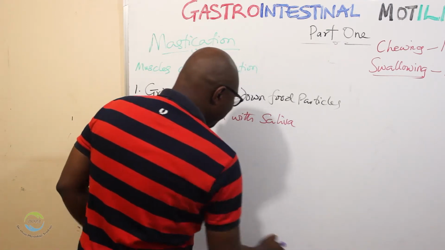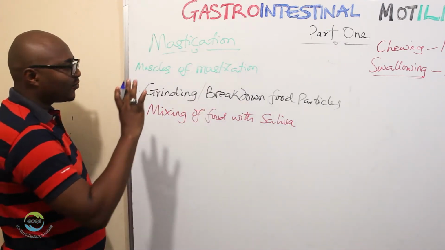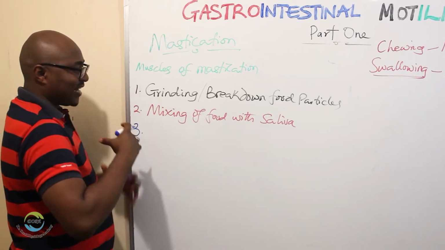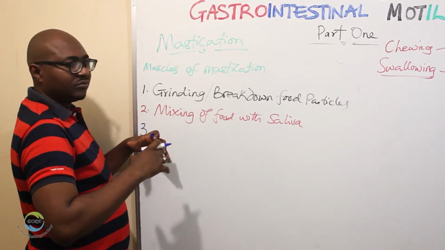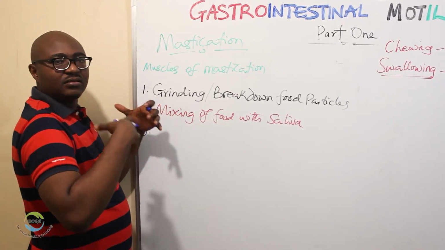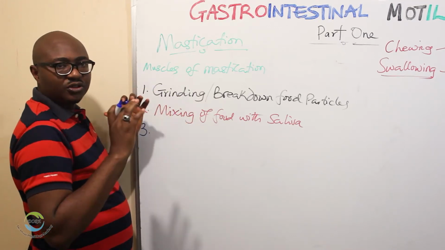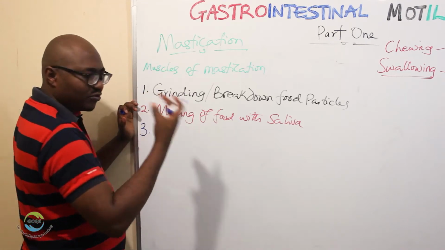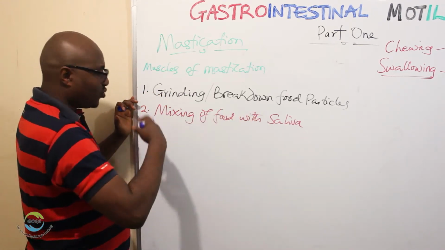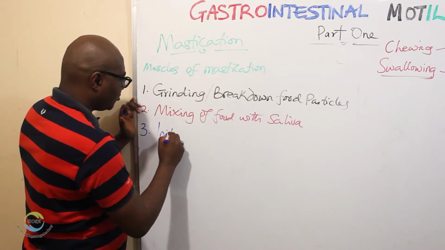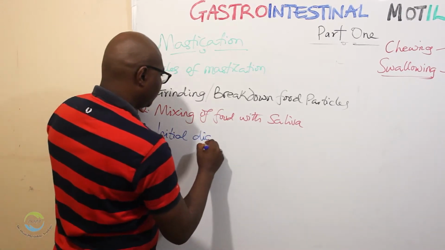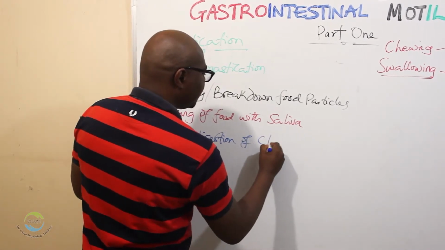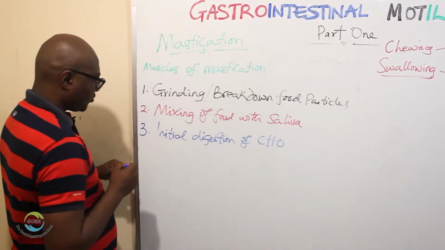Then another important function of mastication as you are chewing your food: that saliva in itself has a digestive function, but that's for carbohydrates. So the chewing of the food and the mixing helps in the initial digestion of carbohydrates, COH for short. Okay?